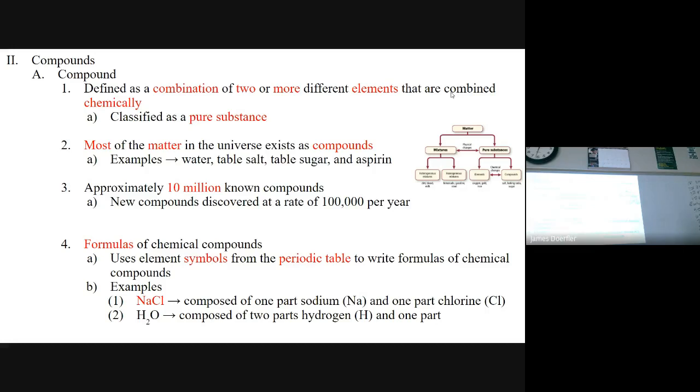Now, over the entire expanse of scientific history, they have discovered about 10 million known compounds. Which again, you see the number 10 million, like, wow, that's a big number, but I feel like it should be a lot more given the time that science has been around.